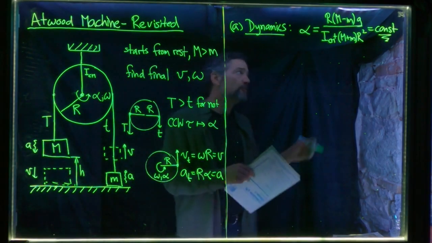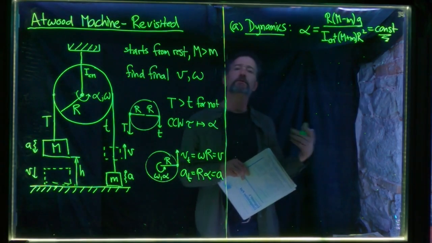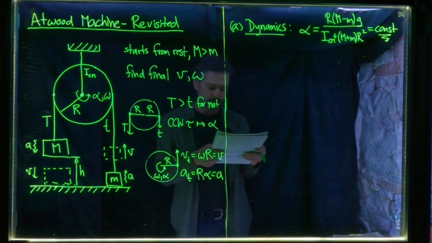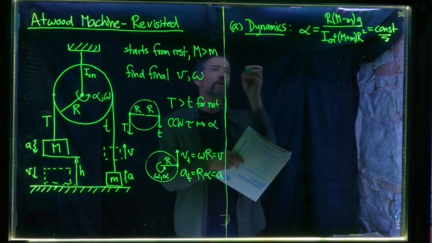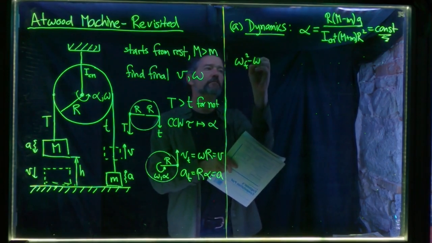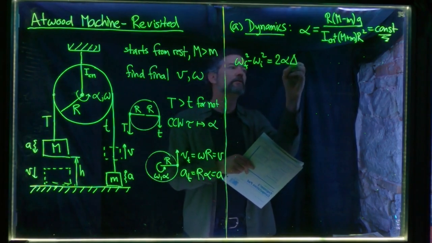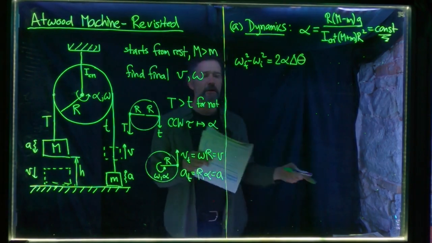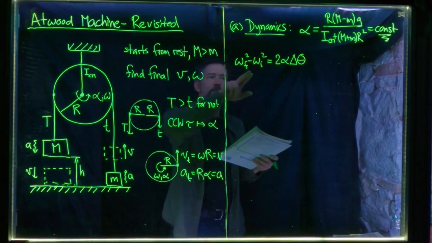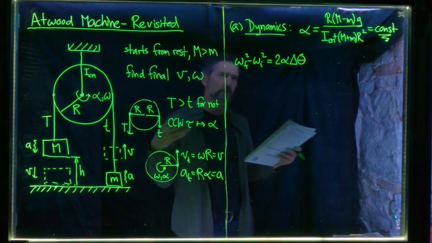Okay? And so because the angular acceleration is constant, we can use those kinematical formulas we have for angular motion. So we can use this relationship, omega final squared minus omega initial squared is 2 alpha times delta theta. So this is exactly analogous to v final squared minus v initial squared is 2 times ax times delta x for linear motion.